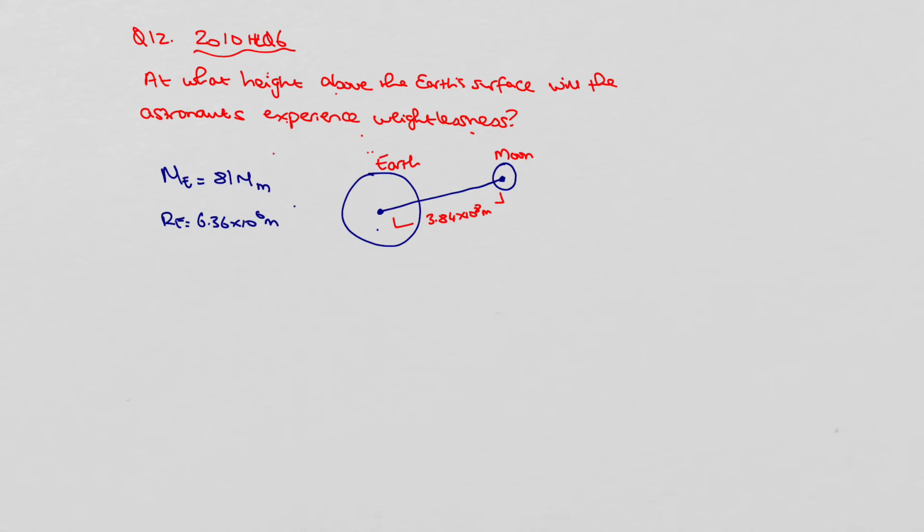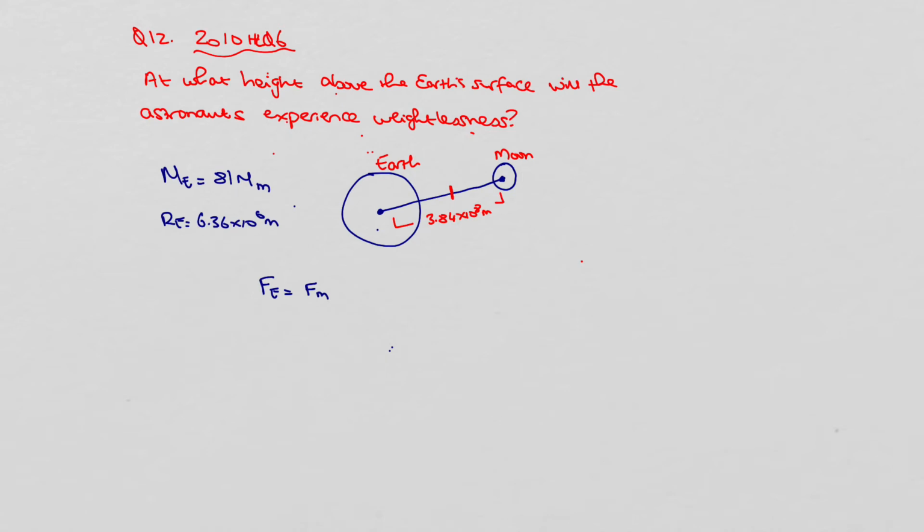So of course, at some point between the Earth and the Moon, they'll experience weightlessness. What that means is that the pull from each is going to be exactly the same. So the force from the Earth and the force from the Moon will be equal and opposite, and therefore the net force would be 0, experiencing weightlessness.